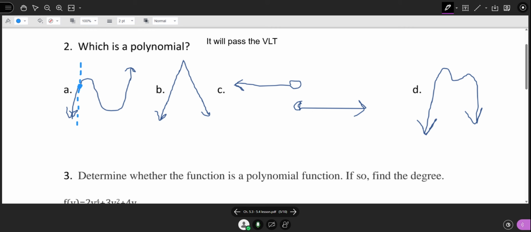Is the curve smooth? Yes. Well, this one passes the vertical line test, but it has a sharp edge. It is not a polynomial.